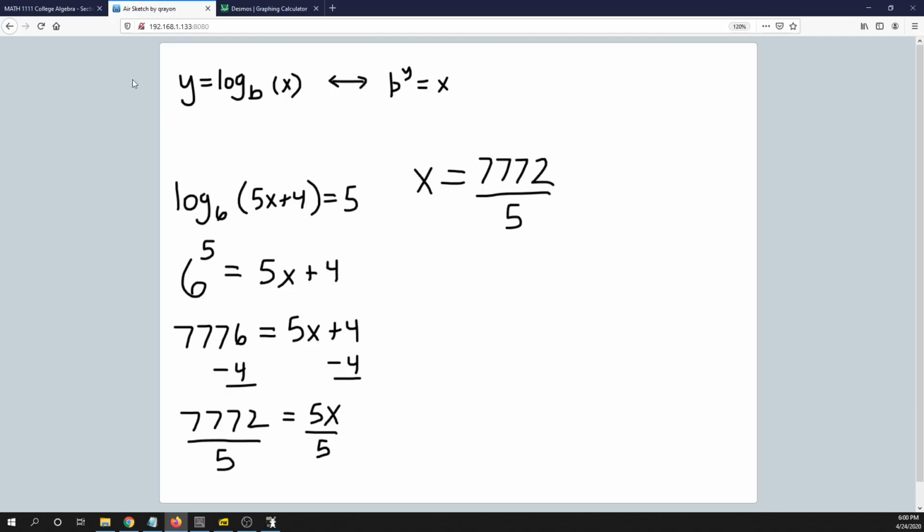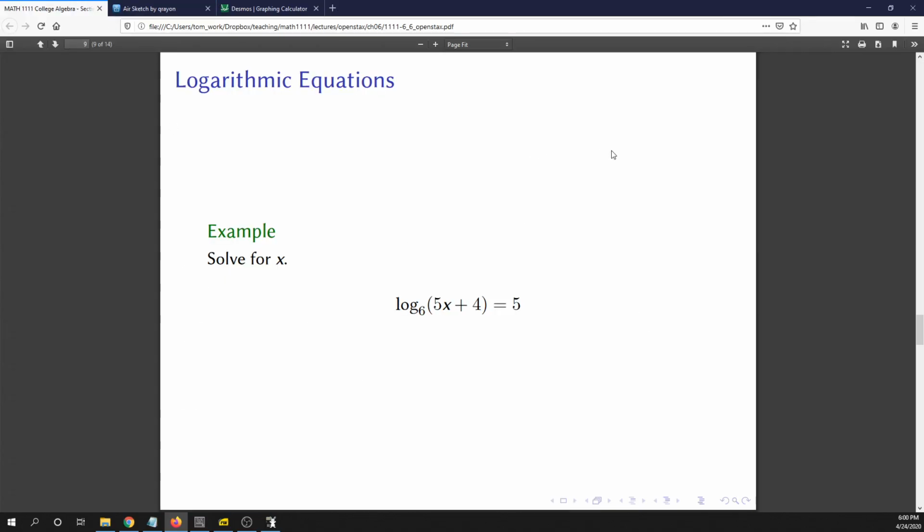All right, next example. Okay, so in this example, we have log of x, and there is no base written with the log, so that is an understood 10. That's called the common log.